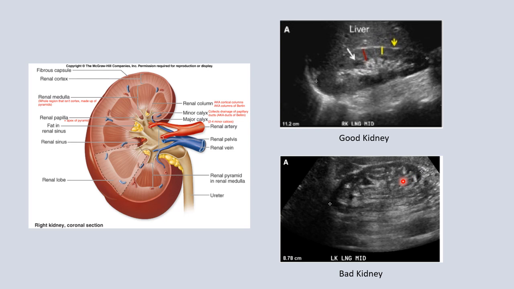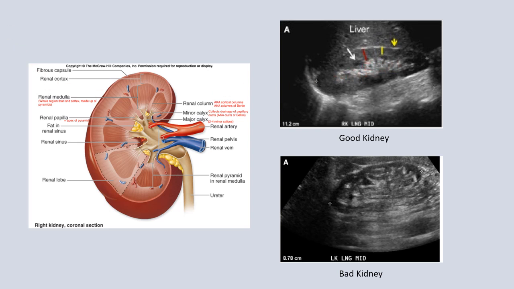So on the previous slide, when it said a bad kidney has increased echogenicity, it's due to a thinning of the renal parenchyma, which leads to just a disordered center of the kidney, and this is a complete distinction between this one. So it kind of makes sense when you're comparing the two.